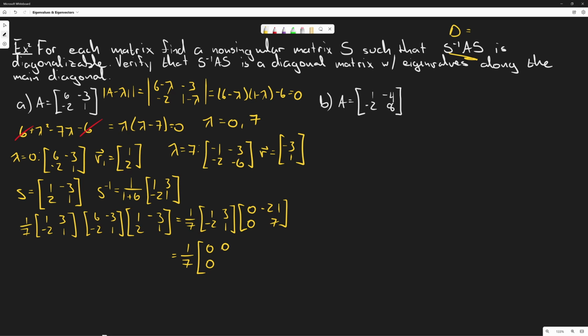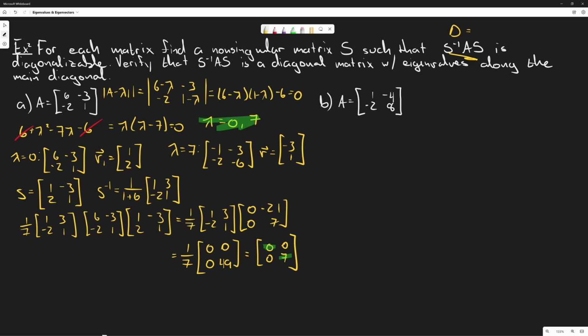Then lastly we have -1 times -21, which would be 42, plus 7, which would be 49. And then we can finally distribute the 1/7, so we'll have 0, 0, 0, 7. Cool. We just showed that this gave us a diagonal matrix, and our main diagonal has the eigenvalues 0 and 7, which are the ones that we found.